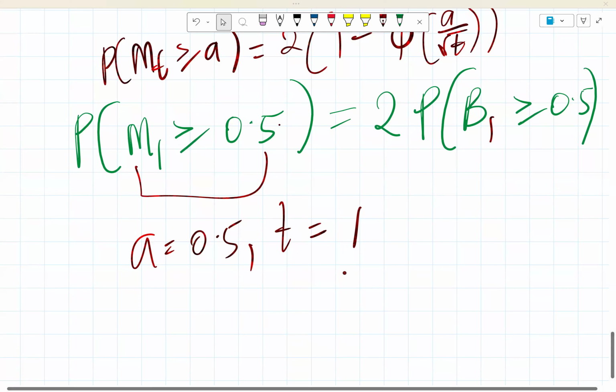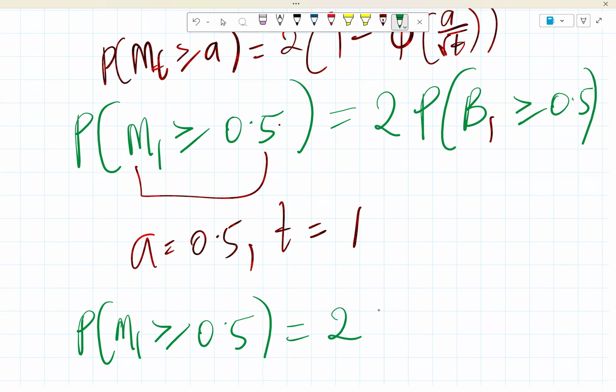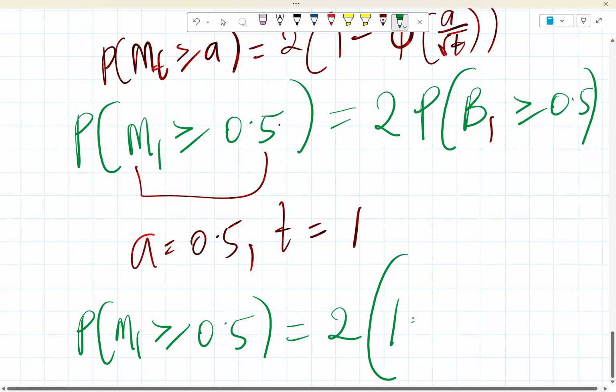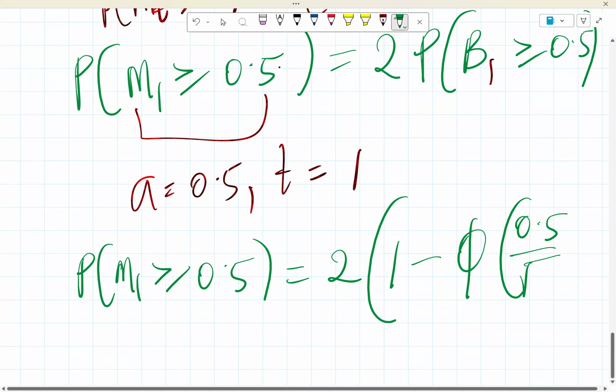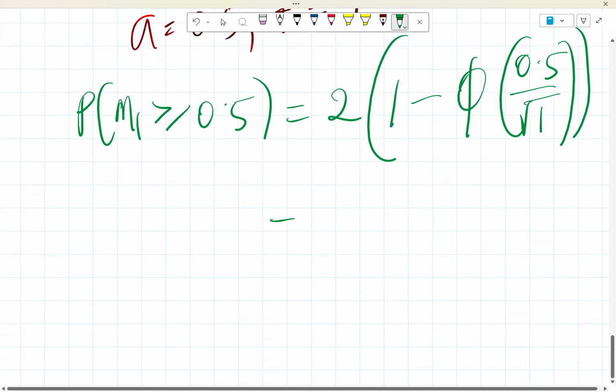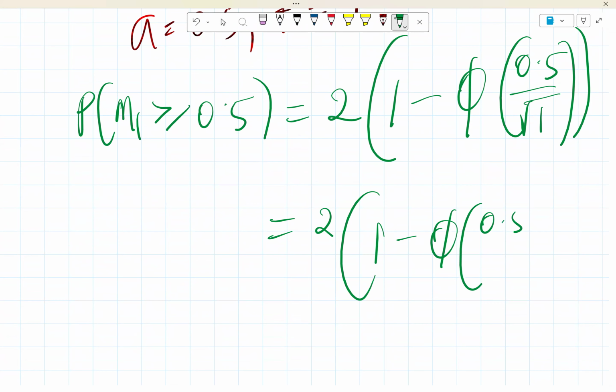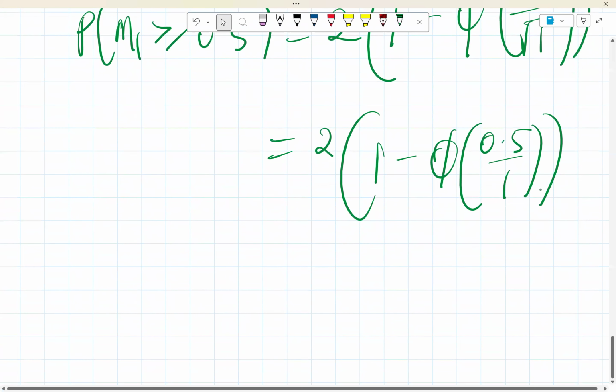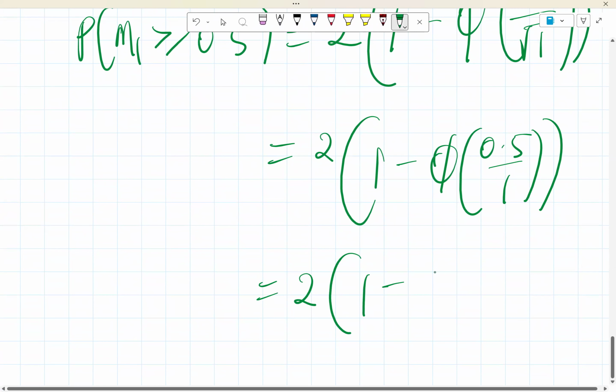So that means the probability that M1 is greater than or equal to 0.5 will simply be 2 into 1 minus phi of a, which is 0.5, all over the square root of 1, because t is 1. So that means we have 2 into 1 minus phi of 0.5 over 1. The square root of 1 is 1. So we have 2 multiplied by 1 minus phi of 0.5.